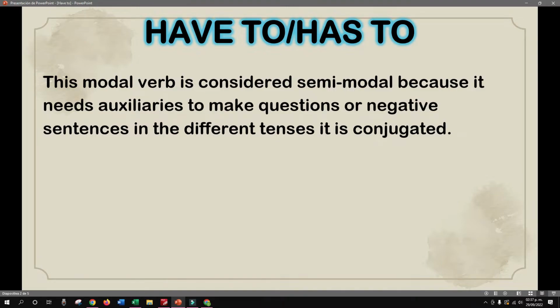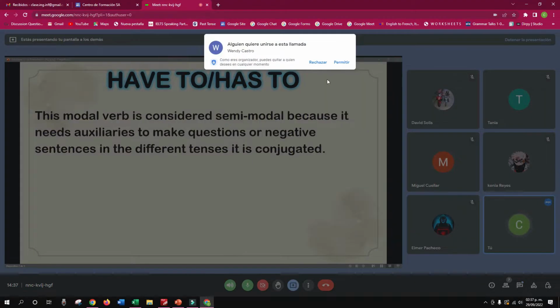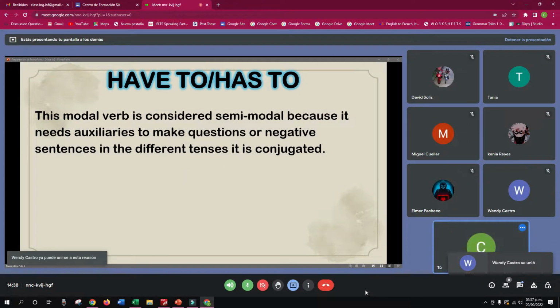This modal verb is considered semi-modal because it needs auxiliaries to make questions or negative sentences in the different tenses it is conjugated, right? Entonces, ¿por qué les decía yo anteriormente que era un semi-modal? No es modal en sí, ¿verdad?